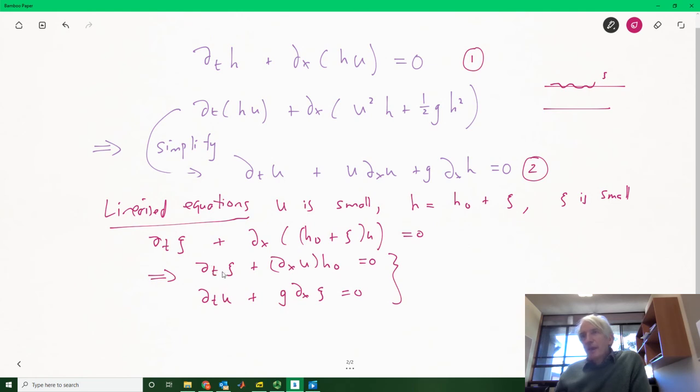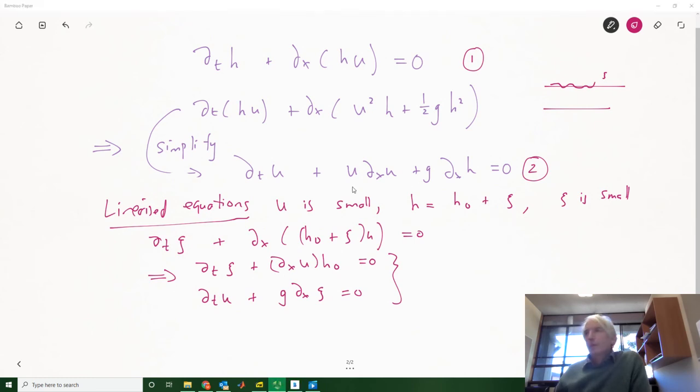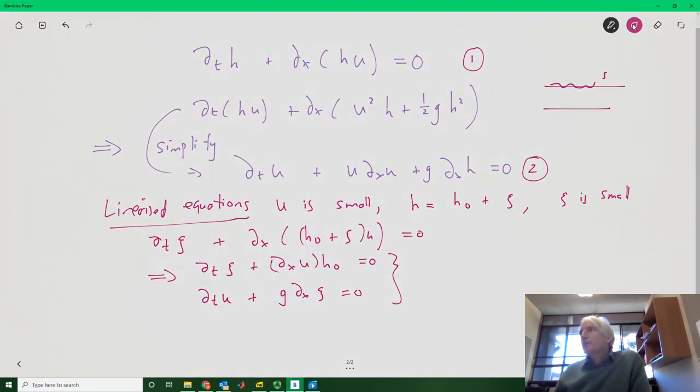If I differentiate with respect to t, I'm going to get the second time derivative of zeta plus dx of the time derivative of u, and the time derivative of u is minus g times the x derivative of zeta.